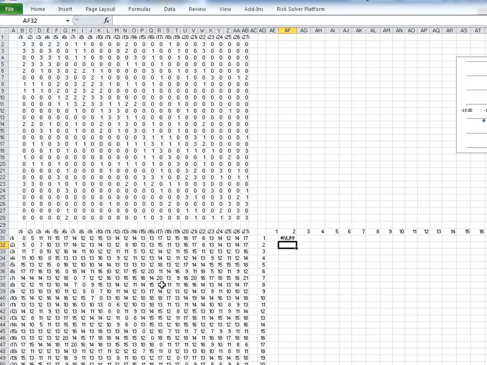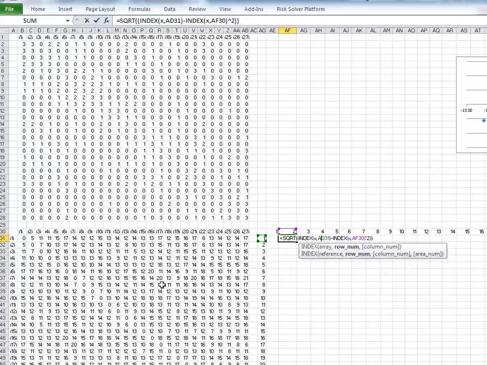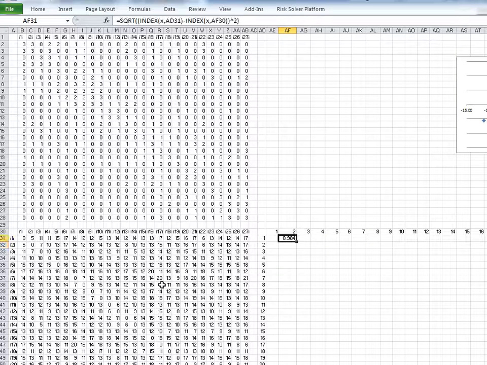Okay, let me just enter this formula for a second. Let's see if everything goes right. So it's SQRT, double parenthesis, INDEX x 8031 minus INDEX x AF30, to the power 2.